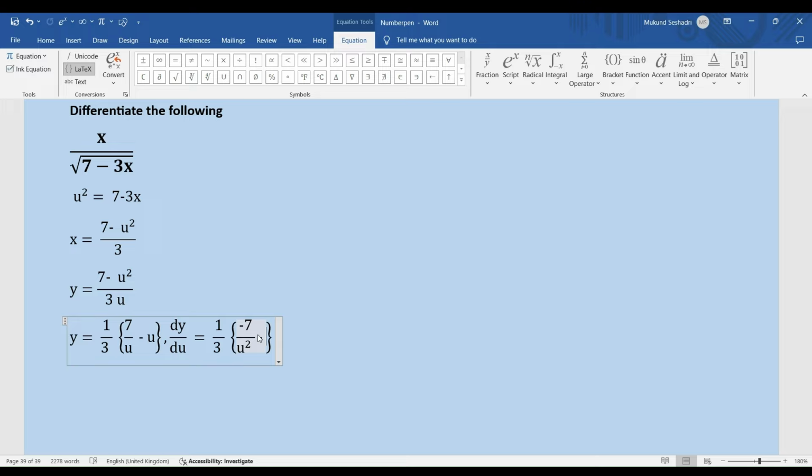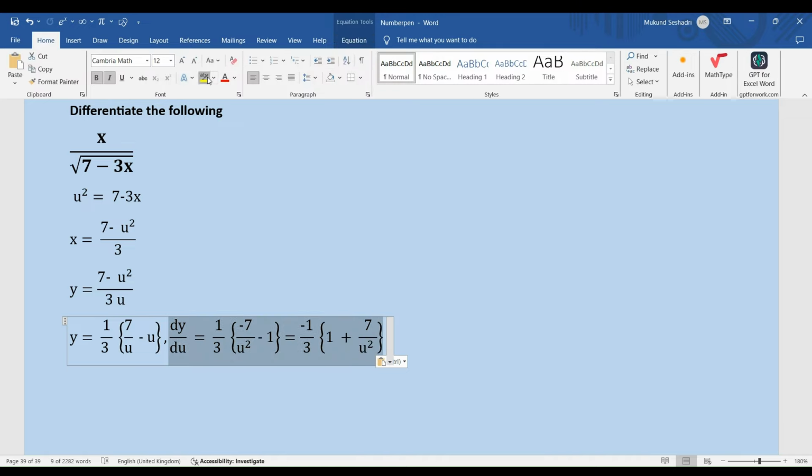So it becomes minus 1 times u to the power minus 2, which is nothing but minus 1 by u square, right? And then I have my u, which is a 1, right? Because d by du of u is 1. So this is what I have. I can pull out my negative sign now. So we have our dy by du. Let's highlight it using our yellow color.